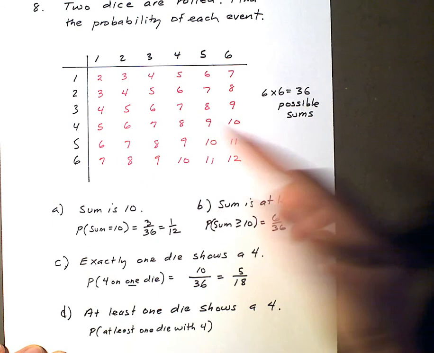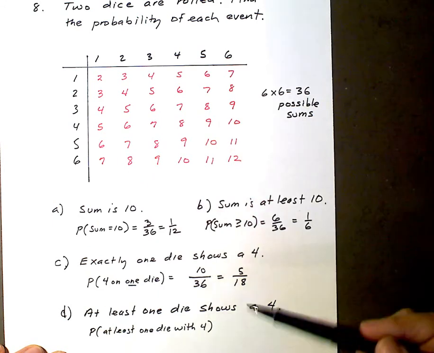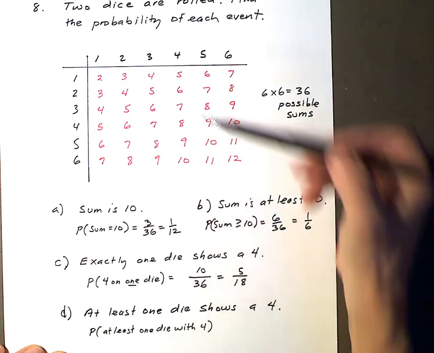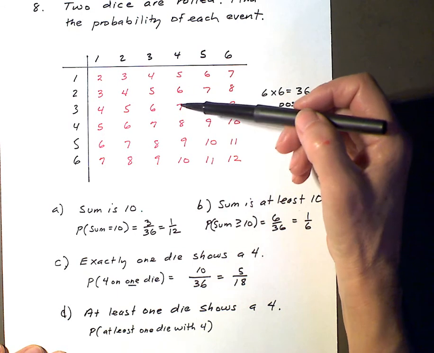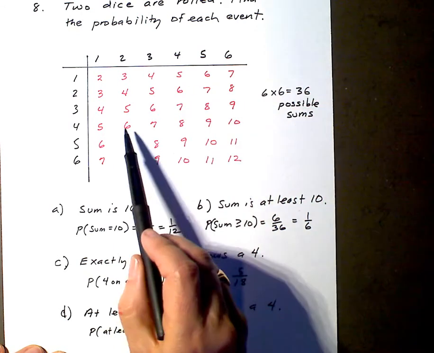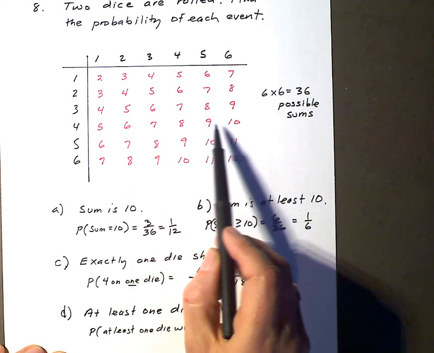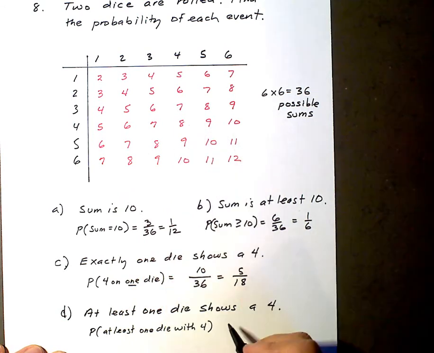So how many situations in the table have at least one die with the 4? It would be 1, 2, 3, 4, 5, 6, 7, 8, 9, 10, 11, because I already counted the 8. So that would be 11 out of 36.